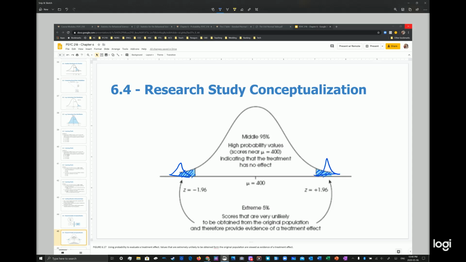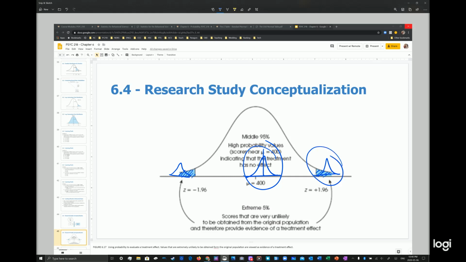It's noticeably different. It's not likely that somebody would get that score. But if it happens to be in here in the middle somewhere, within that middle 90% where the probability of getting that is much higher, then you say in this particular situation, it's not noticeably different because it can still come from the sample.